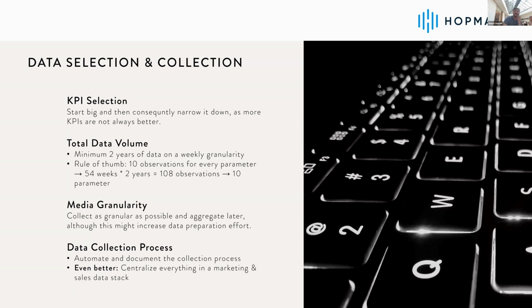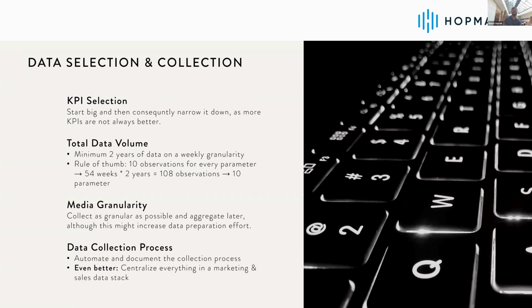It will increase your data preparation effort if you have really big data sources on a daily level and on a creative and campaign level and things like that. But it gives you a bit more flexibility in what you actually feed to the model at the end, and to try at least different versions and granularities. And of course, if you have more granular data and the model can pick up different signals in the data, you also have a bit more business value from it.